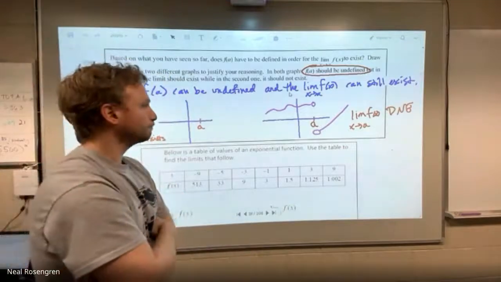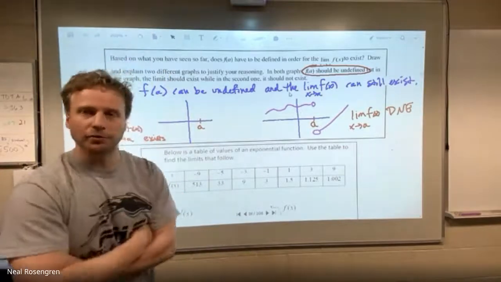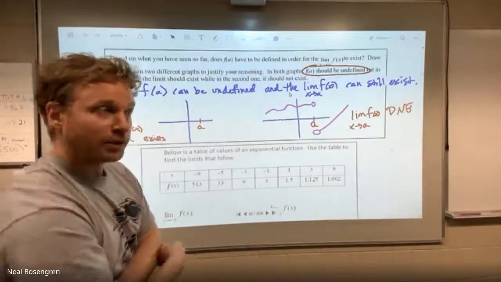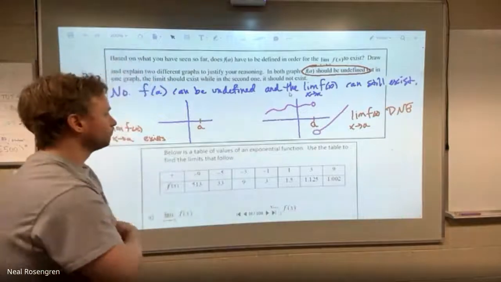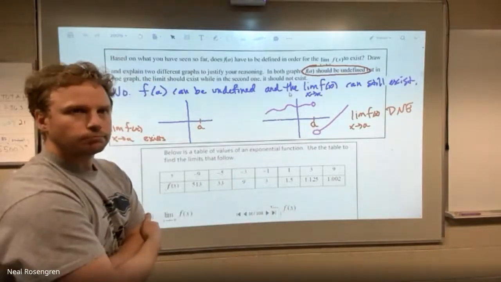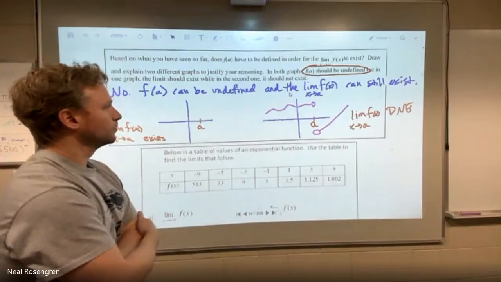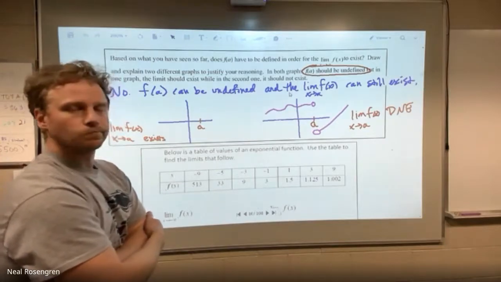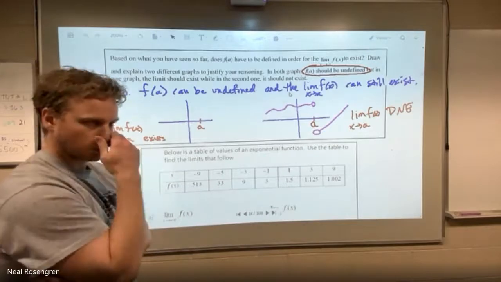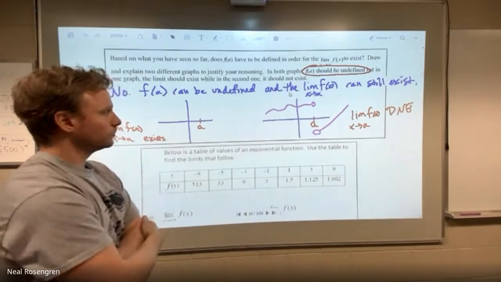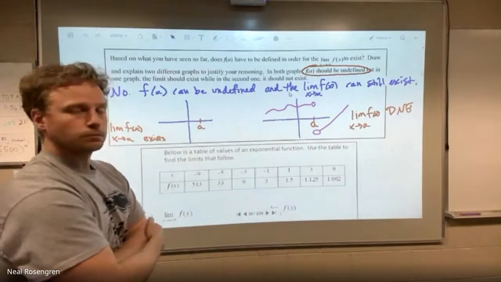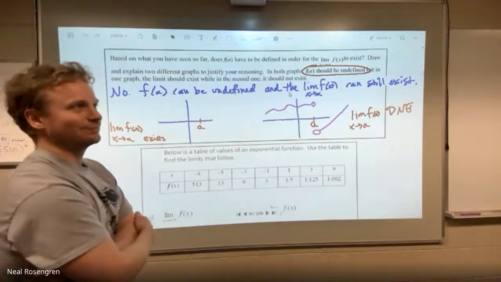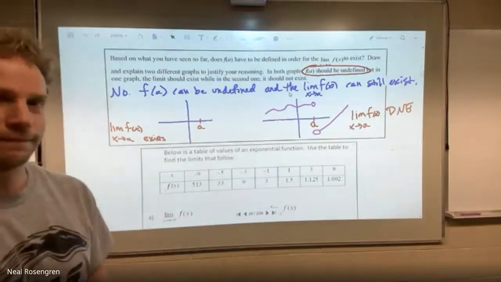I like it. All right, what about the one on the left, the one where the function doesn't have a value for f of a, but the limit does exist? A little trickier, huh?